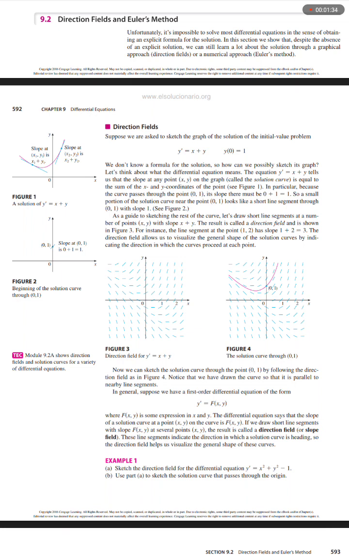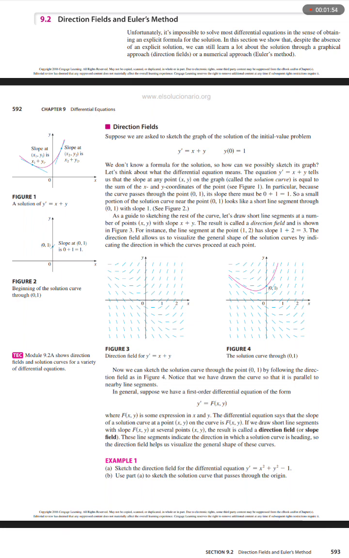The equation y prime equals x plus y tells us that the slope at any point (x, y) on the graph, called the solution curve, is equal to the sum of the x and y coordinates of the point. See figure 1.